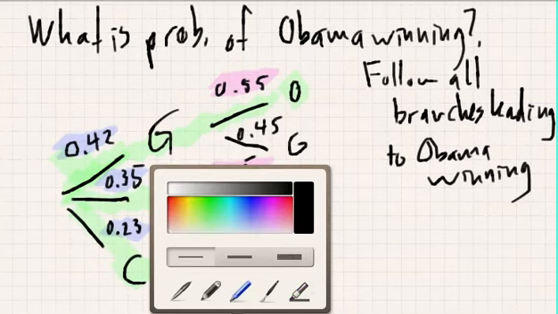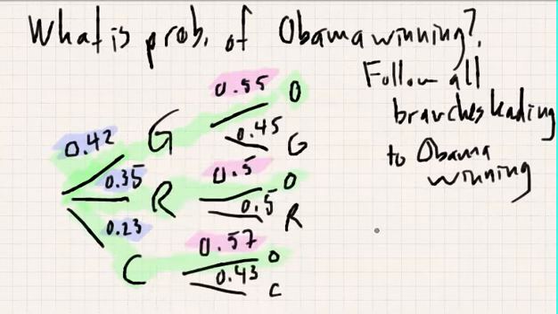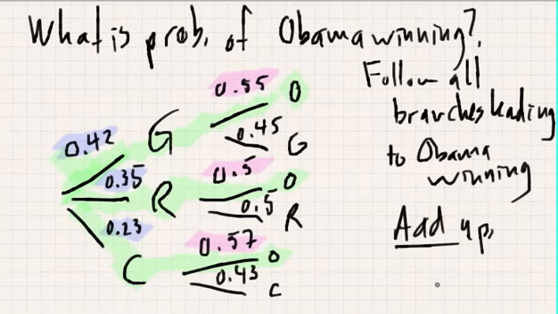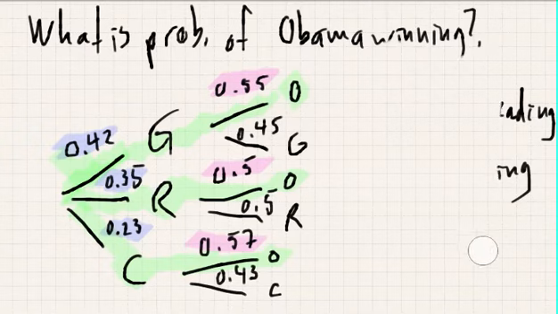So I can figure out the probability of Obama winning and Gingrich being the nominee by multiplying along here. We're going to follow all the branches leading to Obama winning, and then we're going to add them up.